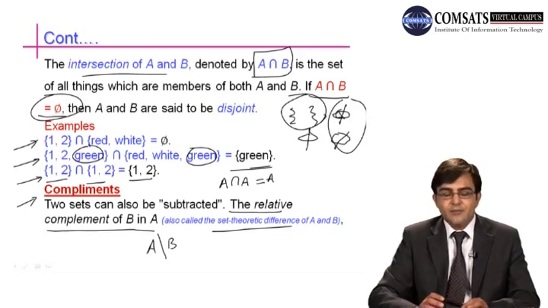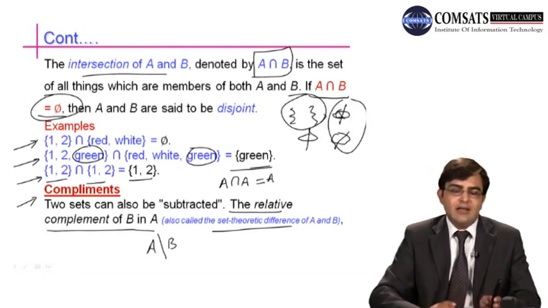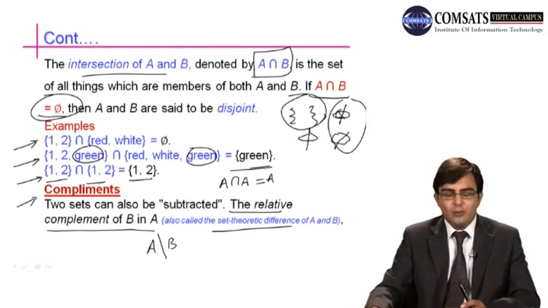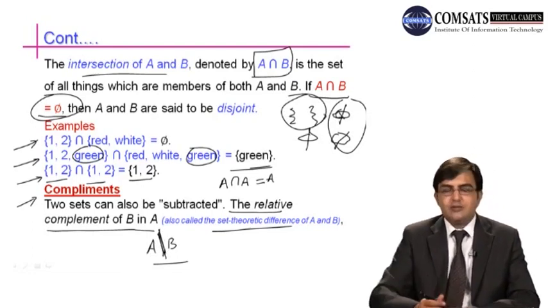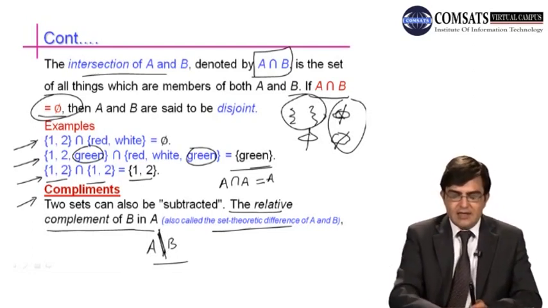This is basically the difference of two sets, where we subtract one set from another, the relative complement of B in A. A bar is used to denote the difference, meaning A minus B.